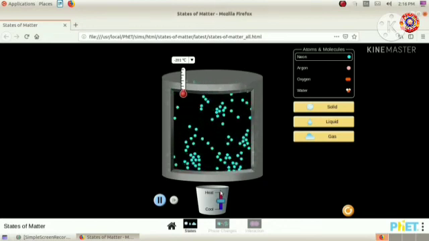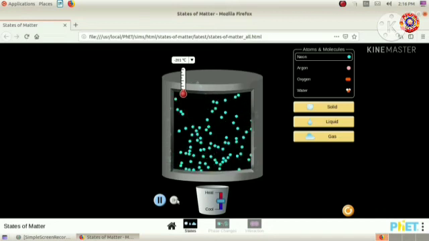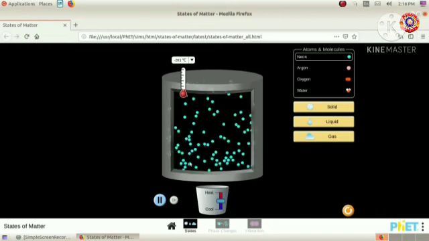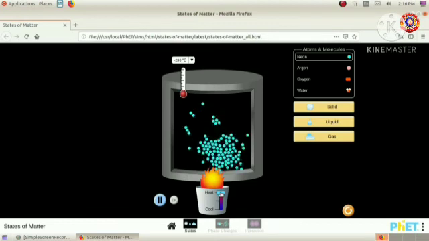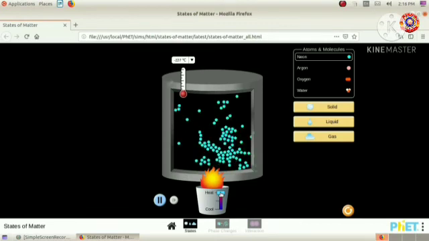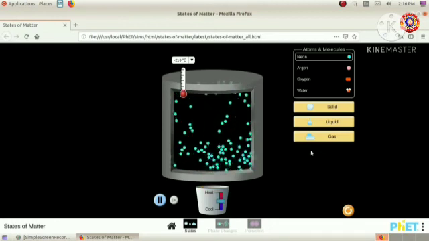And what about the state of liquid? We know that in liquid, the molecules are not so closely packed as in solid, like this. Here also, when we apply the heat, the molecules began to move. And the distance between the molecules increases and the force of attraction decreases, thereby their speed increases.